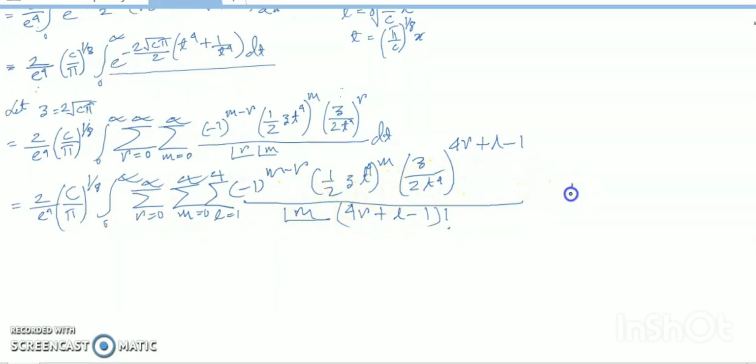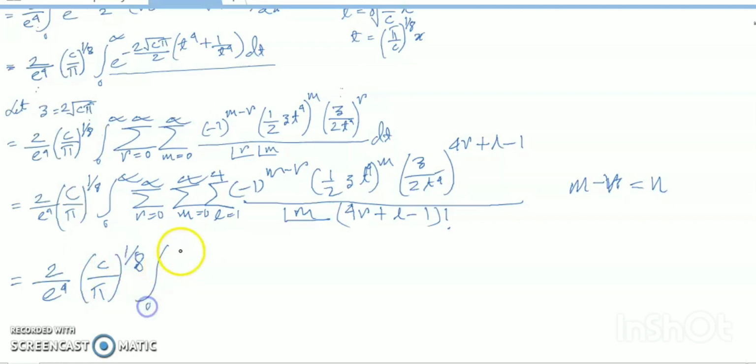Taking m minus r equal to small n, so m minus r is equal to n, into (c divided by pi) to the power 1 by 8, 0 to infinity.